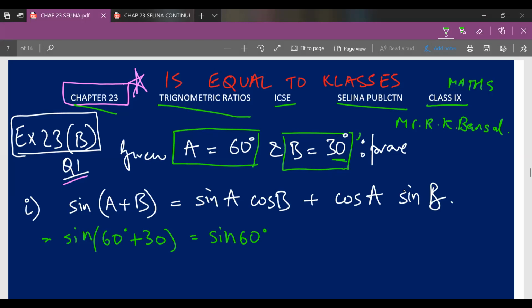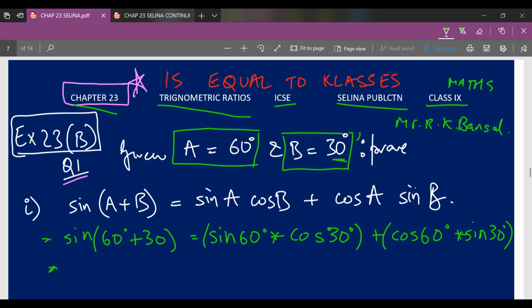Either they'll mention it with a dot, meaning multiplication, or they'll mention no symbol at all, then also it will be multiplication. So here sine 60, I'll put this in bracket, into cos B, that is cos 30 degree, plus cos A, which is cos 60 degree, into, because there's no symbol, so we'll refer to it as a multiplication symbol, sine B, that is sine 30 degree, and a bracket.